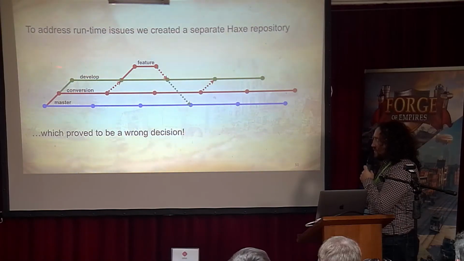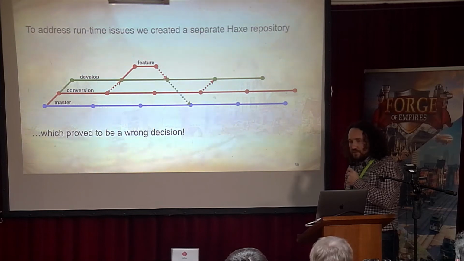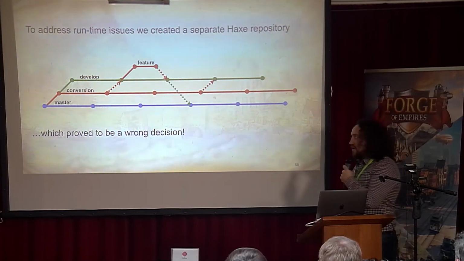First, we decided to make a compromise and have a manual step to merge conversion changes into develop. Because we were very happy with the conversion automation, we thought, this is just one step, we can do it manually.